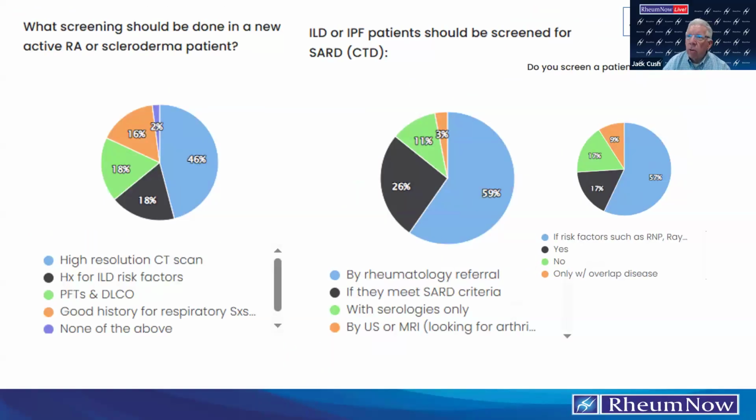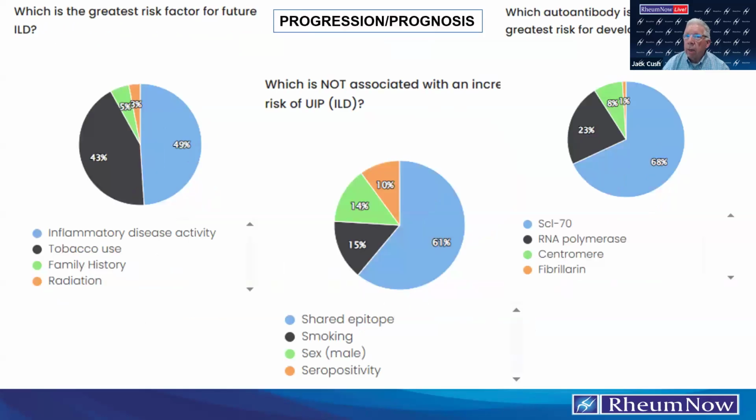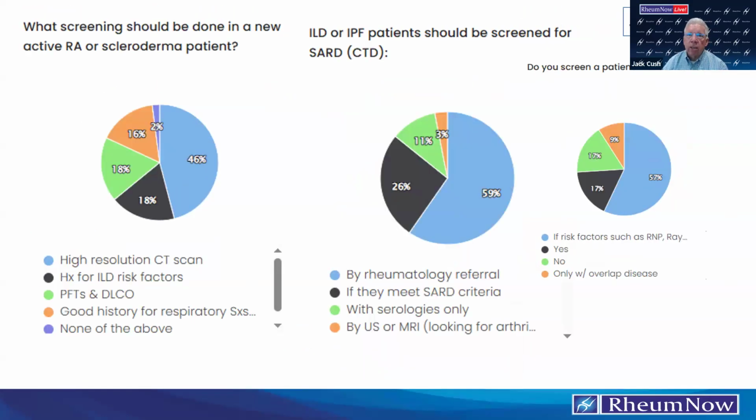So again, going on with screening. Oh, here we go. So yeah, we're back to screening. So a patient with new active RA or scleroderma, what screening should be done? Half the audience chose a high-res CT.